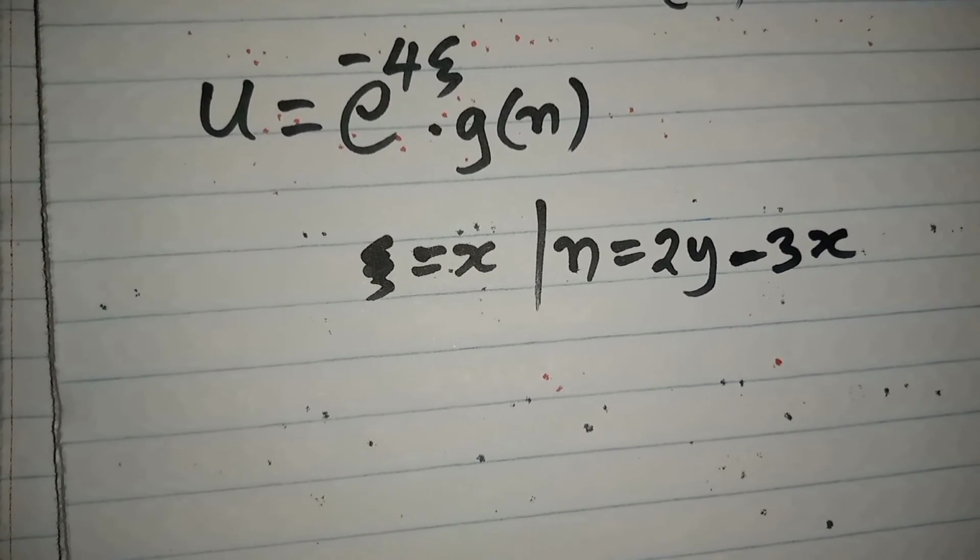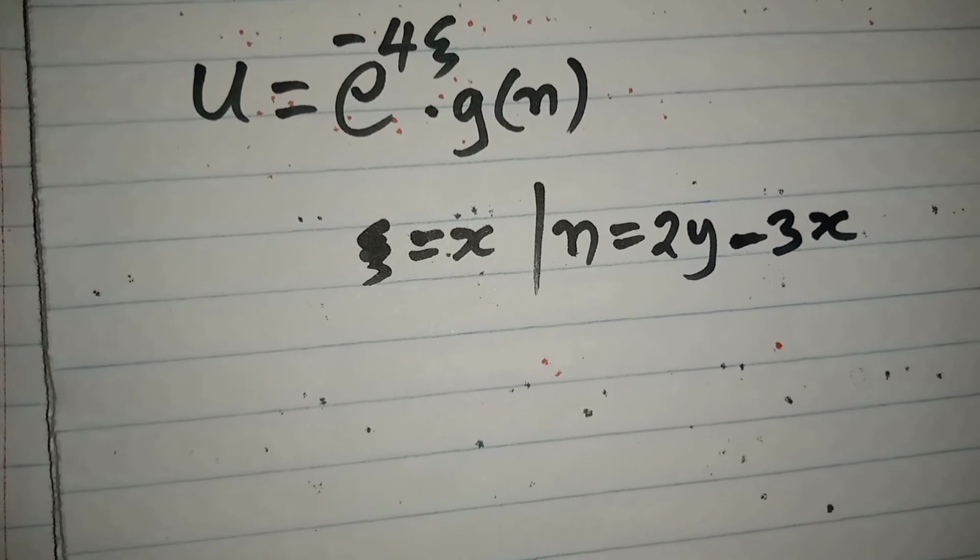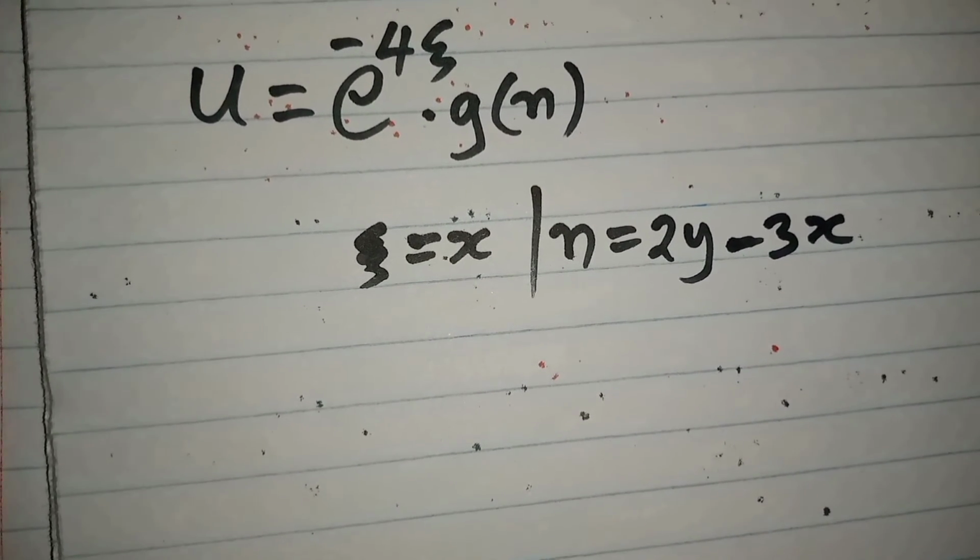We are going to substitute them. So where there is xi, you put x, and where there is nu, we put 2y minus 3x.